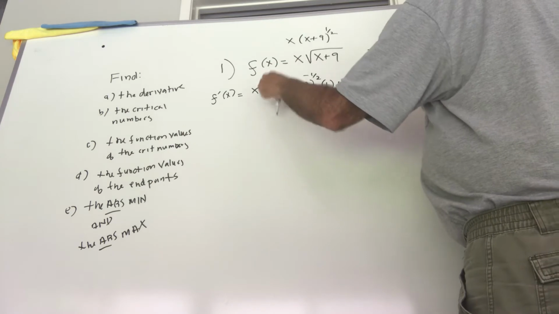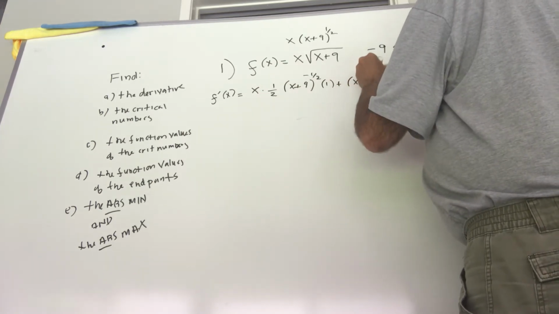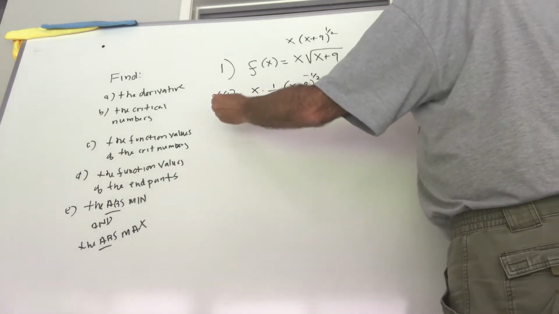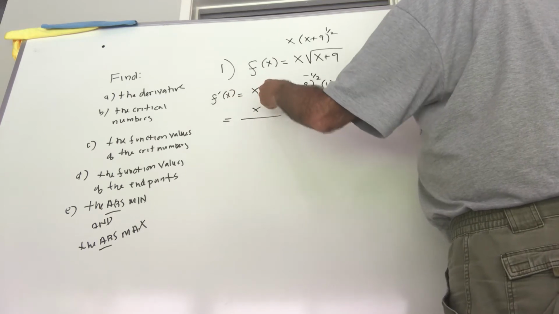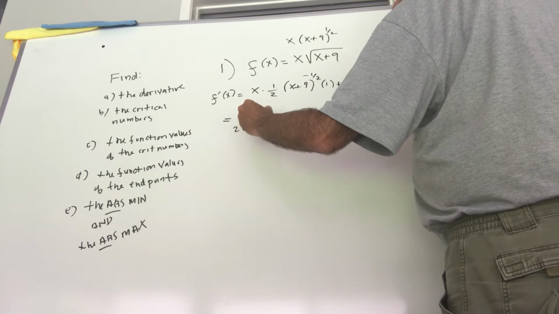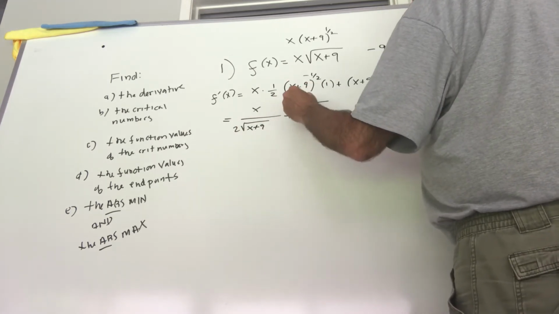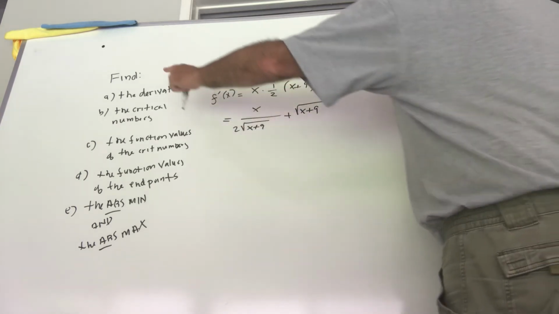Remember that you bring the 1/2 down, and it becomes -1/2. 9 to the 1/2 times the derivative of the first. Now let's clean this up. The x is on the top, and then the 2 is in the denominator, and then the -1/2 comes downstairs. So that's the derivative.